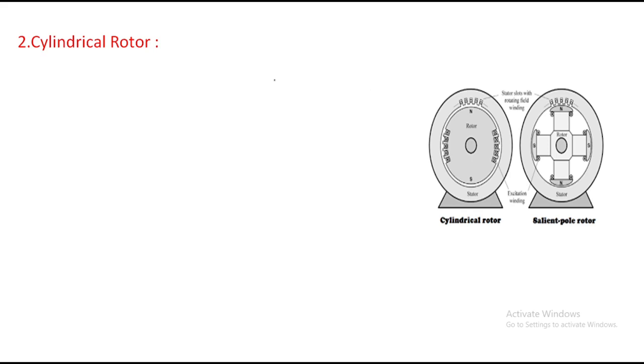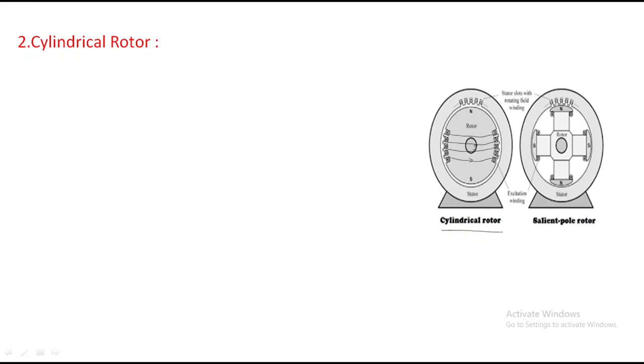Next, cylindrical rotor. Look at here. So this is the cylindrical rotor. It looks like a cylinder, and these are for the windings. So windings will flow from this part to this part.